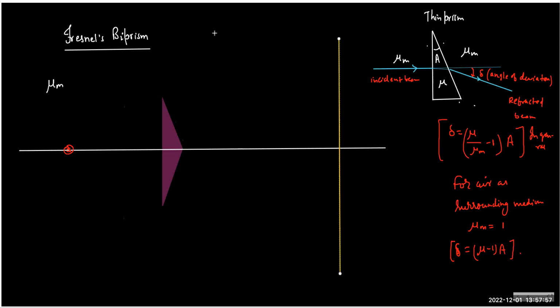The distance between the screen and this prism, let's call this B, and the distance between the source and this prism, let's call A.